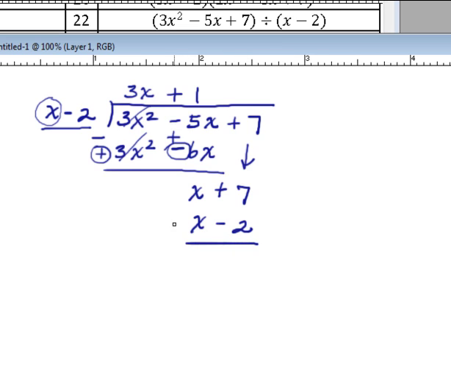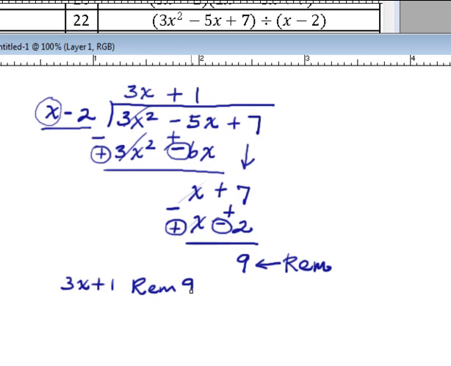And once again we're subtracting, which is the same as changing the signs and adding. These cancel, and here we have 9. And that's our remainder. So we write as our answer, we write 3x plus 1, remainder 9.